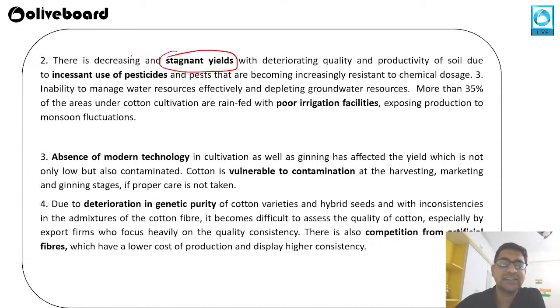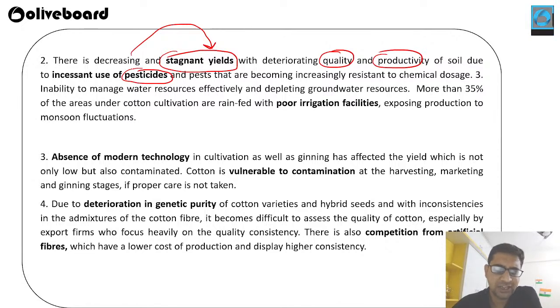There is a decrease in yield, which also deteriorates the quality and productivity of the soil due to the high use of pesticides. Since there are too many weeds and insects coming over the crop, we are using high amounts of pesticides, and now the pests are becoming really resistant to these chemical doses. If you keep on giving too many pesticides, the pests automatically become resistant to those chemical doses.